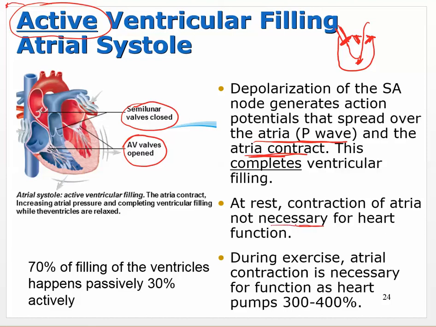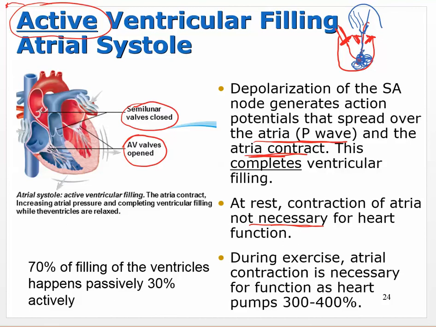All you have to do is open the valve up, and the blood flowing back from the veins, I guess it doesn't matter that I made that blue, is going to just slip right through and into the ventricle and start filling it, and then the atria will come through and contract.